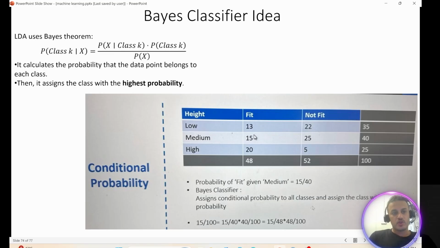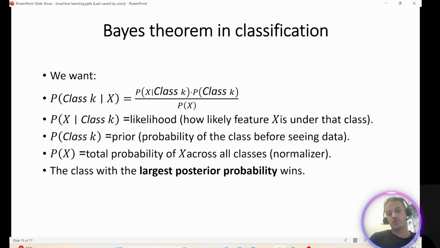So LDA uses Bayes theorem, and this is the equation for Bayes theorem: P of class k given x equals P of x given class k multiplied by P of class k, divided by P of x. To make it easy for you, this is the equation, Bayes theorem, and the classification. The first one is called the posterior probability.